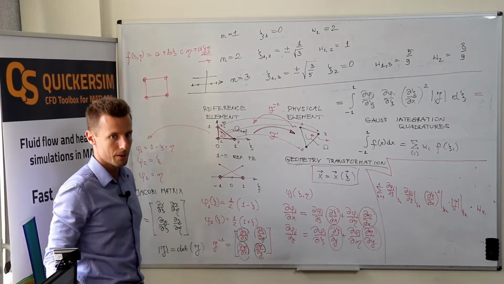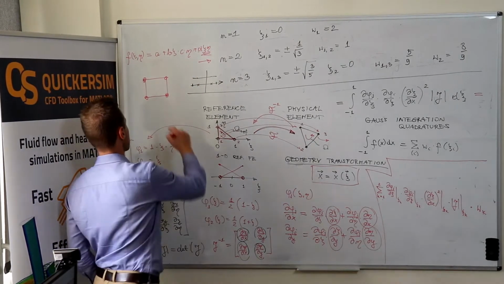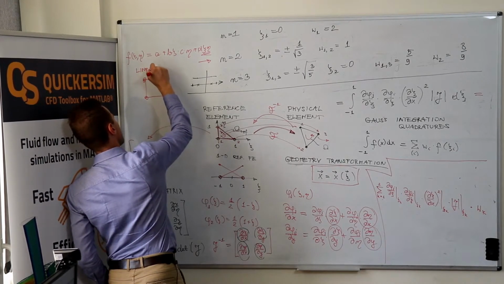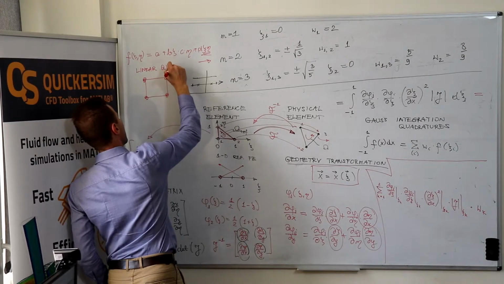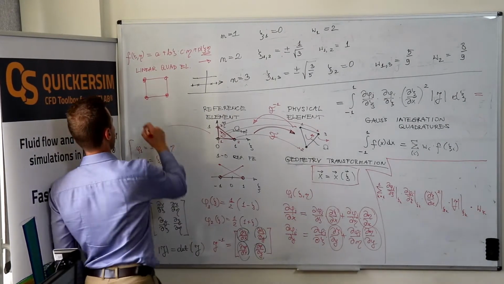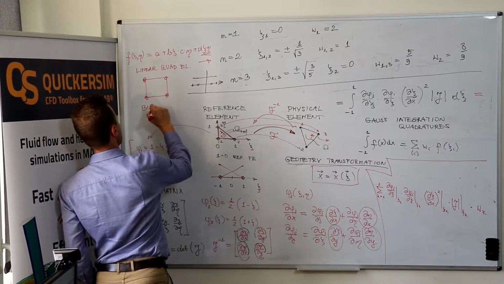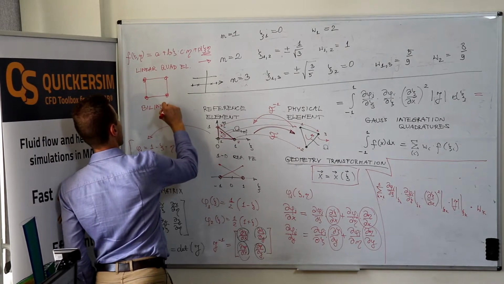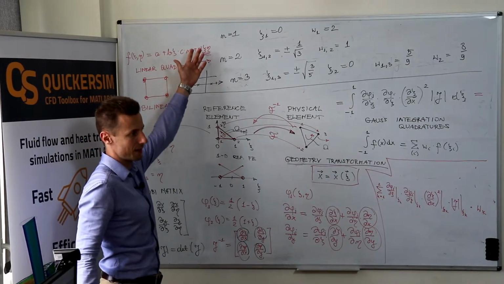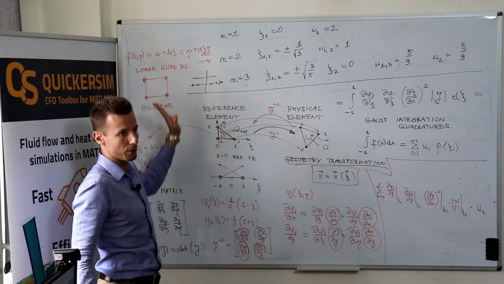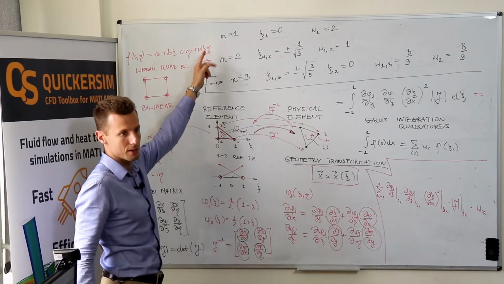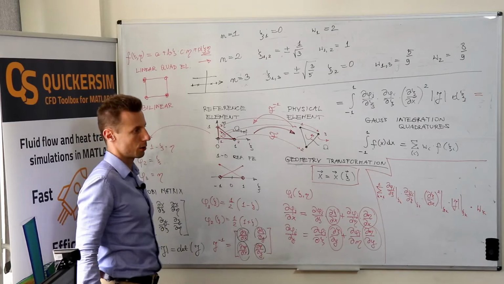Okay? That's how we define it, and you can call it a linear quad element, but to be honest, people very, very often call it bilinear. Bilinear: it doesn't have any squares of any of the variables, but it does have this bilinear term.